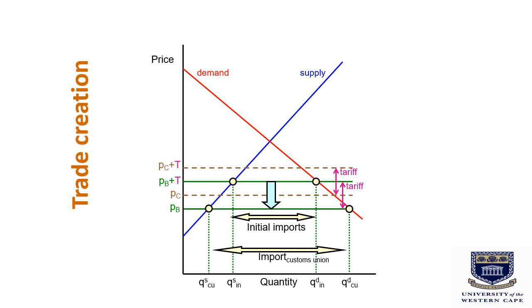When the tariffs are removed, because you enter into a trade agreement with country B, then you are going to import more because the prices are lower, meaning there is more quantity demanded than initially, and there is less being supplied locally, implying that imports are increasing.